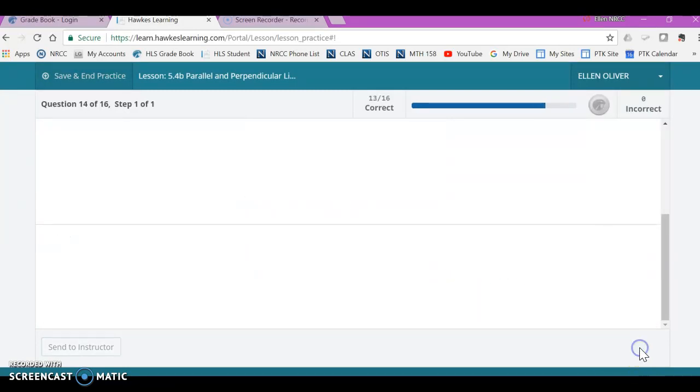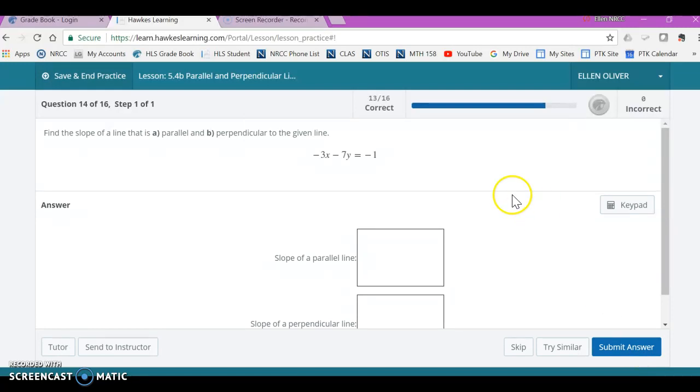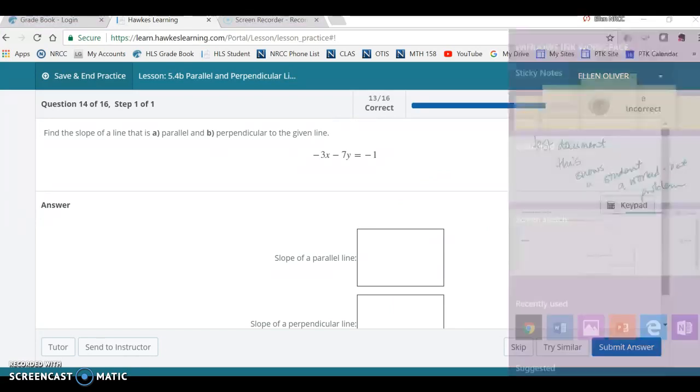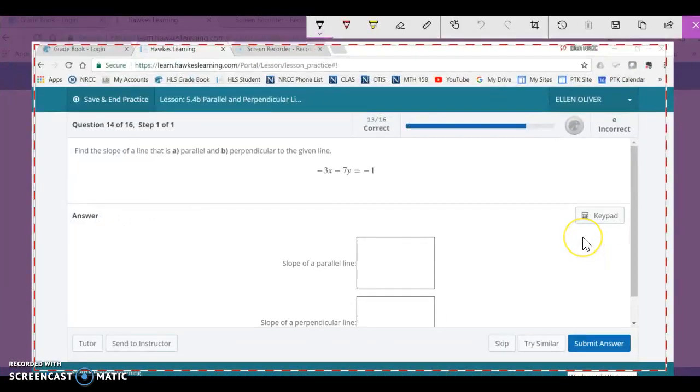Oh, good. Okie dokie. So first they want the slope of a line that's parallel and then perpendicular. So we just need to solve for slope here. So add 3x to both sides. Divide by negative 7. Remember, I don't care about my b. I just need the slope.